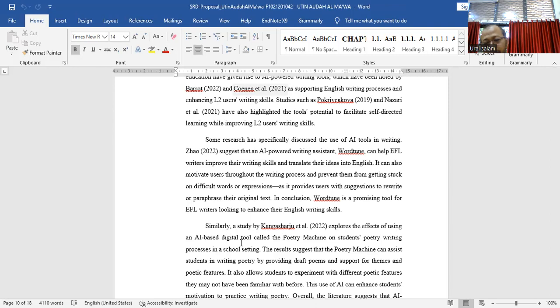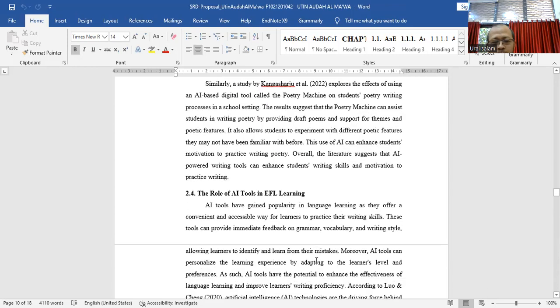You will find quite a few articles already published that discuss how people worry about the misuse of technology for academic work.